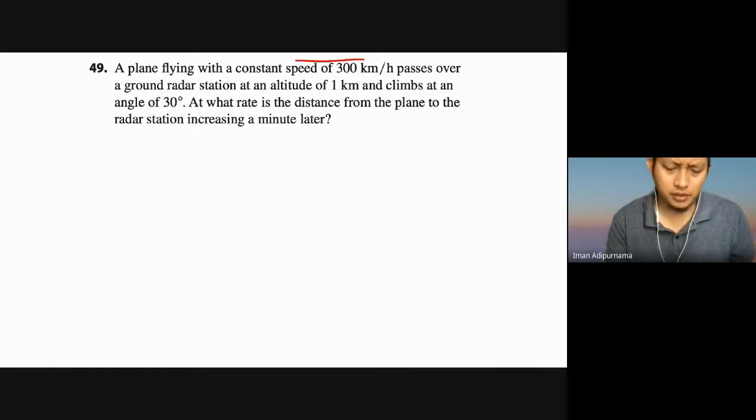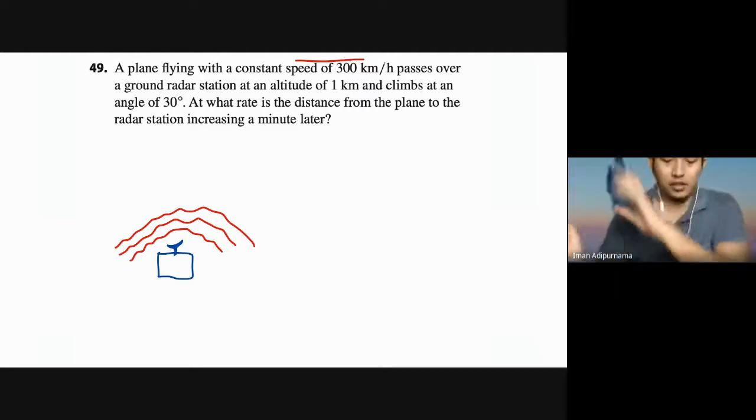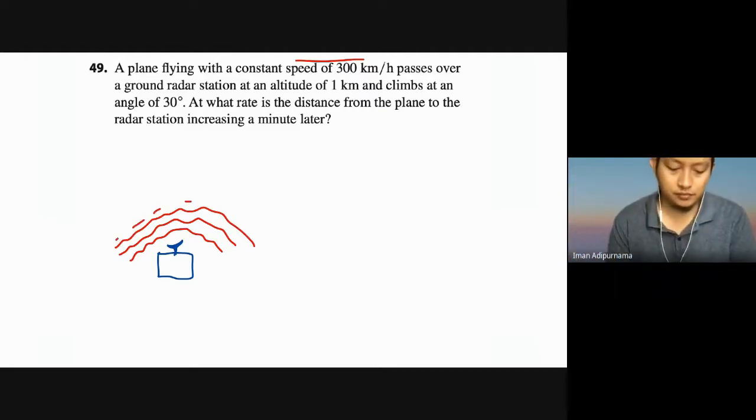So maybe let's draw the radar station. Maybe the station here. That's the radar station, right? Usually it detects objects, right? And then we have a plane that is going to pass over.